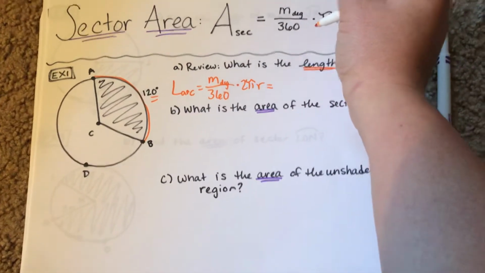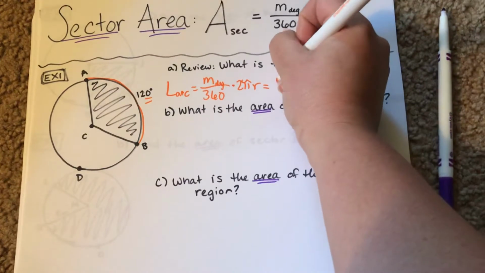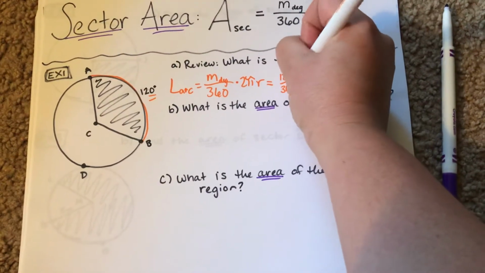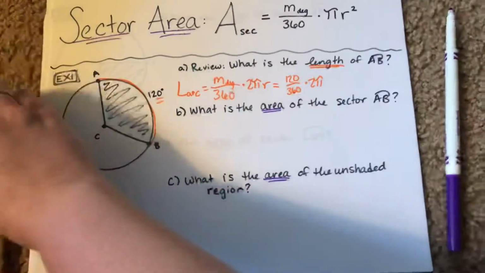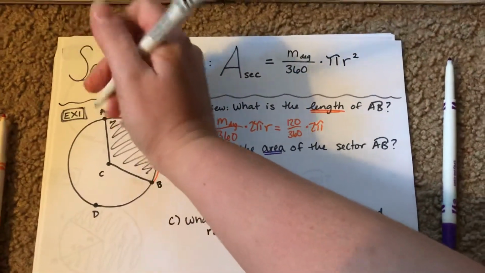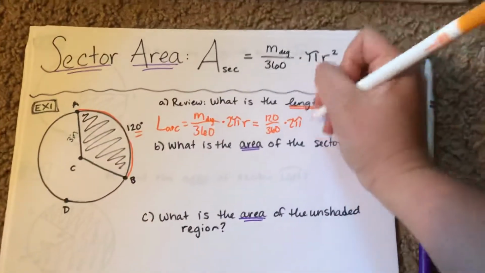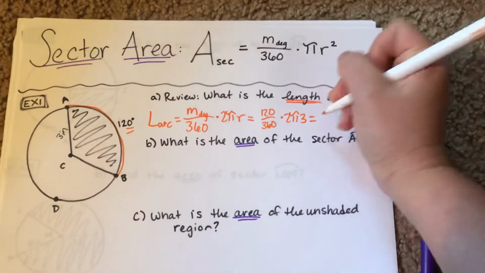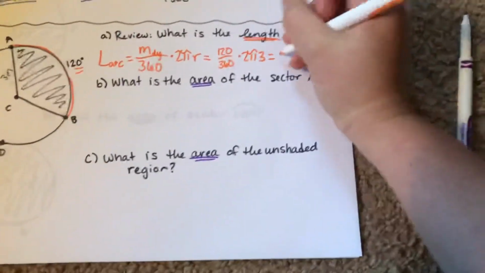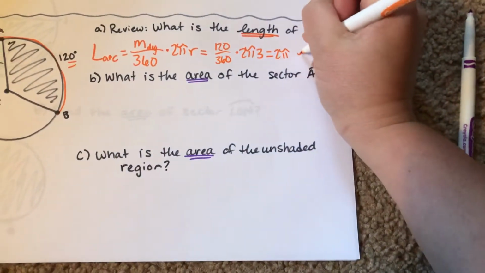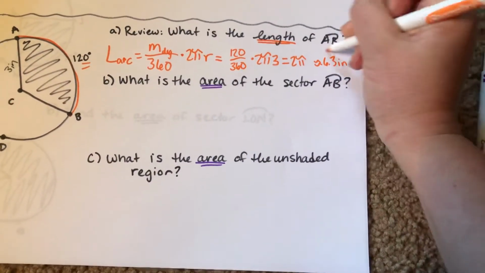So in this case, if we're looking for the length of AB, we know the measure is 120 degrees out of a 360 total times 2 times pi, and our radius here, I forgot to give you one. Let's call this 3 inches. So with a 3-inch radius, we can type that all in our calculator, and we end up with 2 pi, which is roughly equal to 6.3 inches.